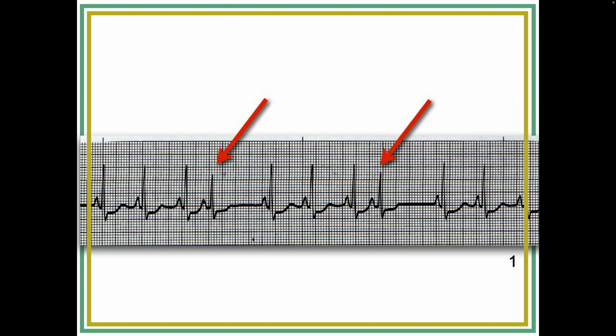Exactly. And so you can see, here's the normal R to R interval. But all of a sudden there's one that comes in short. If you have your calipers and you're marching it across, oh, that one's short. This one's long because it takes a moment for the SA node to recover.